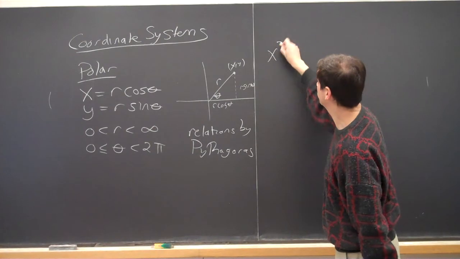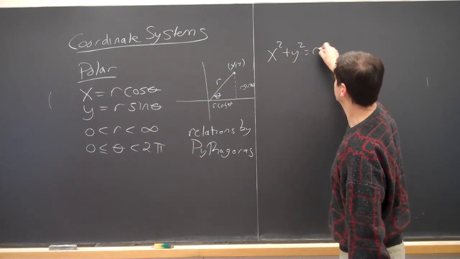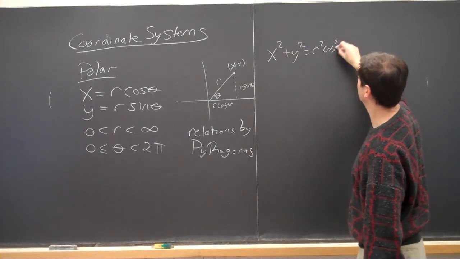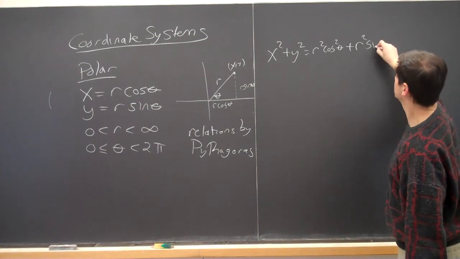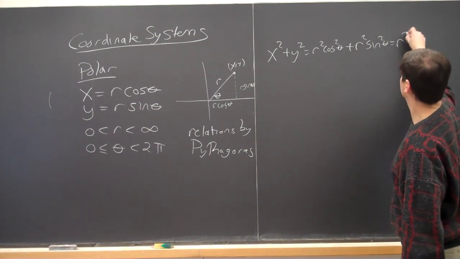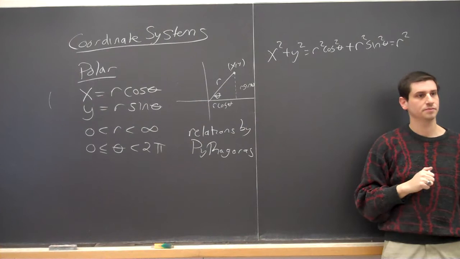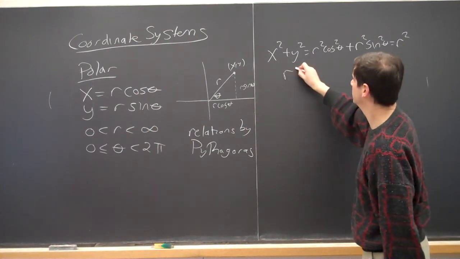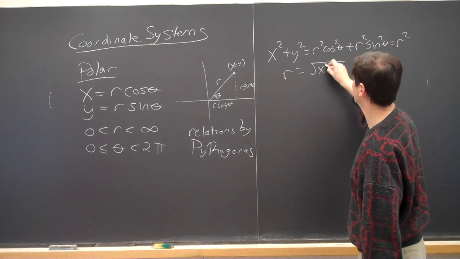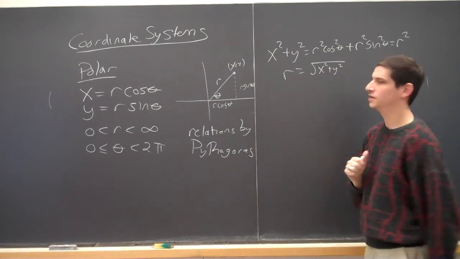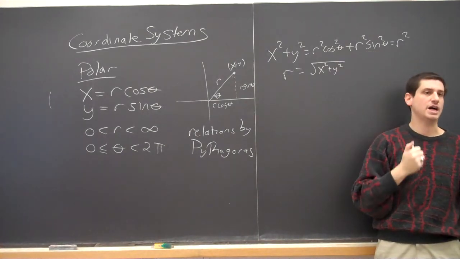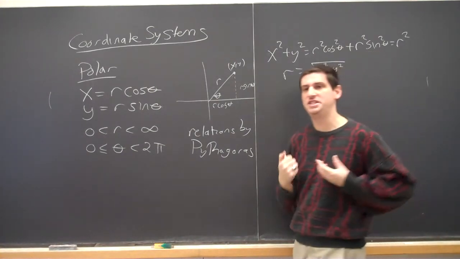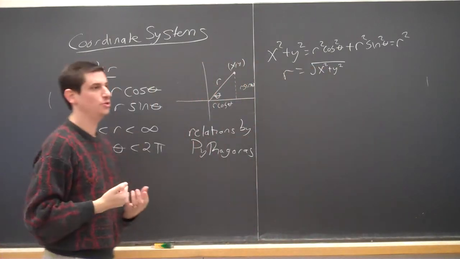We get x squared plus y squared is r squared cosine squared theta plus r squared sine squared theta, which is just r squared. So we get r is the square root of x squared plus y squared. We're never allowing r to be negative. For us, r is a positive distance from the origin.